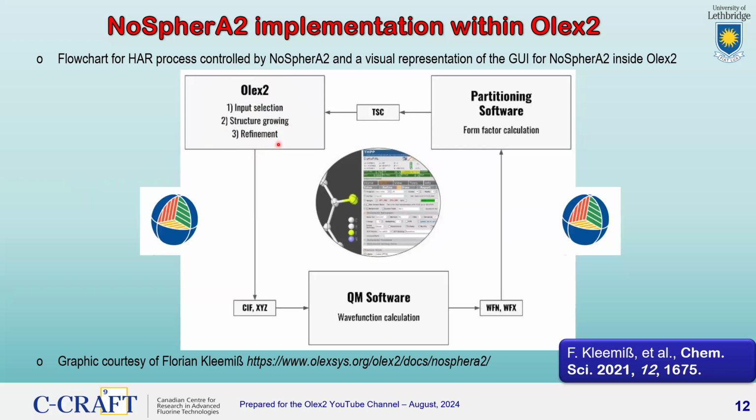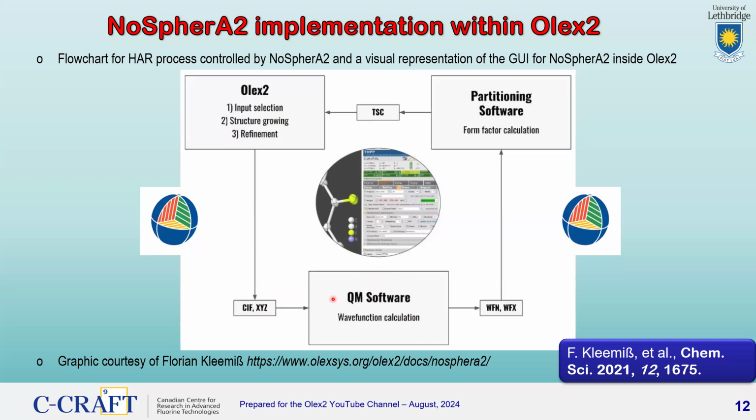But if you implement NoSpherA2 within OLEX2, then the software will take the best possible results from the independent atom model and output that geometry as a CIF file. NoSpherA2 will extract from the CIF file a Cartesian coordinate listing that is compatible with quantum mechanical software, the various software packages supported by NoSpherA2.